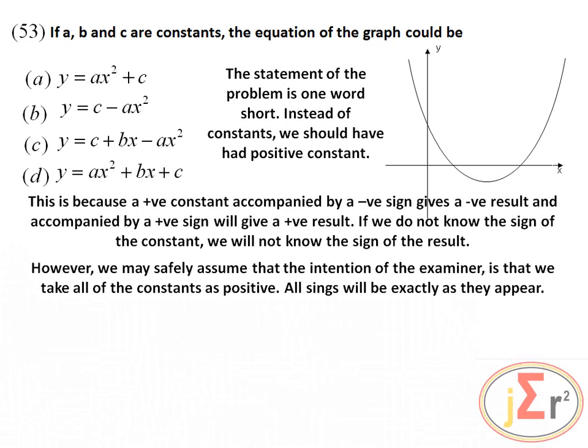All things will be exactly as they appear. So, although it was not said that the constants are positive, we are assuming that the examiners intend us to consider that the constants are positive. But let us see what will be the result of that.